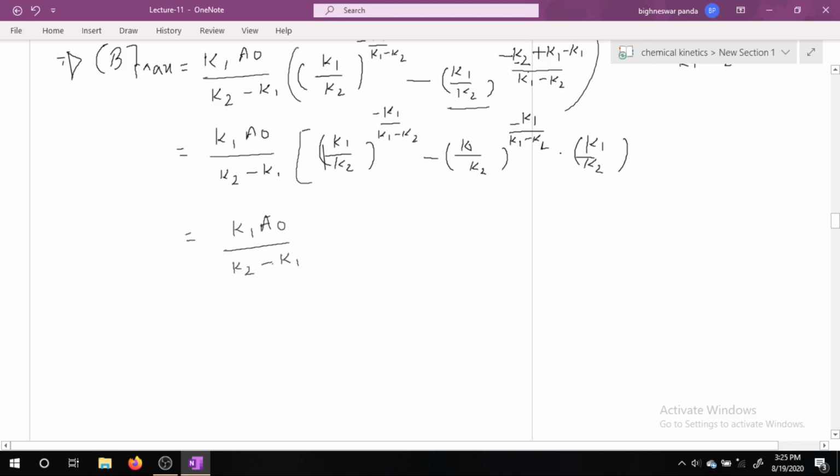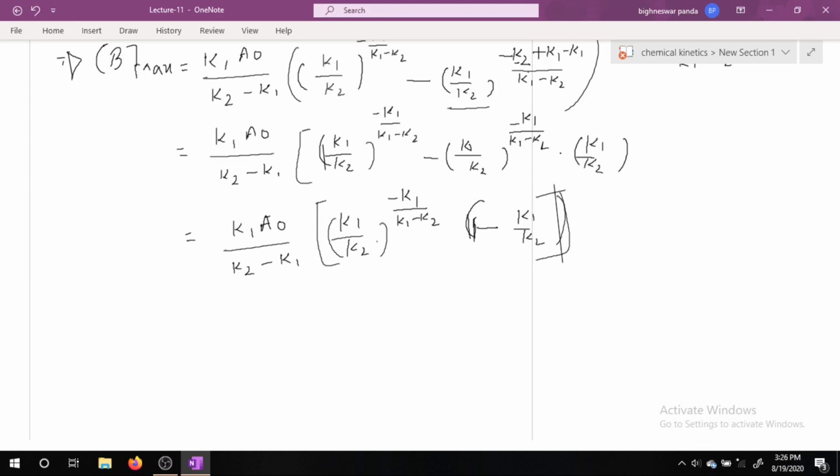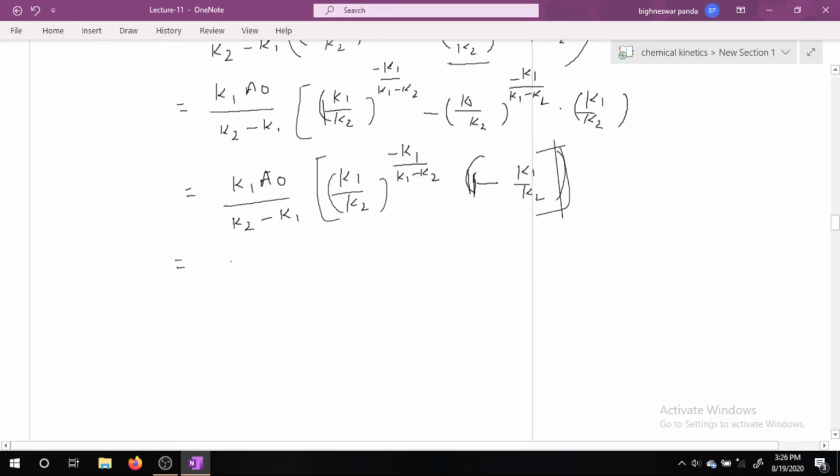So K1 A naught divided by K2 minus K1, K1 by K2 to the power minus K2 by K1 minus K2.